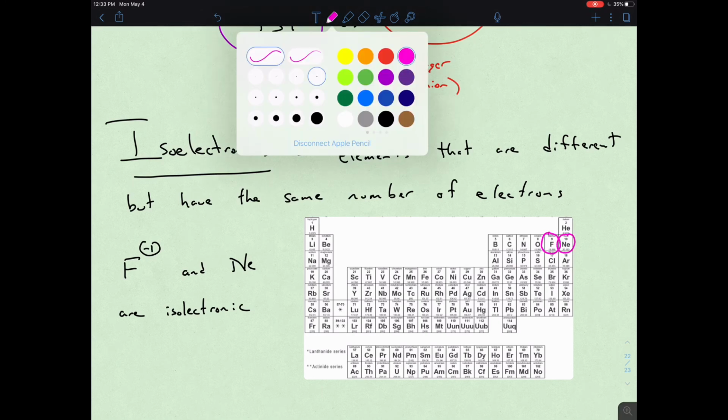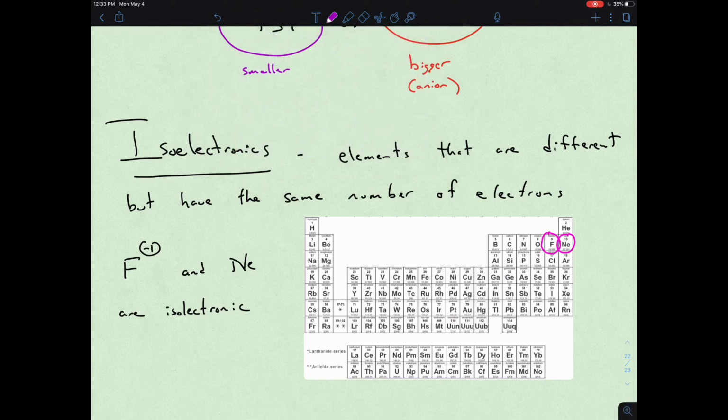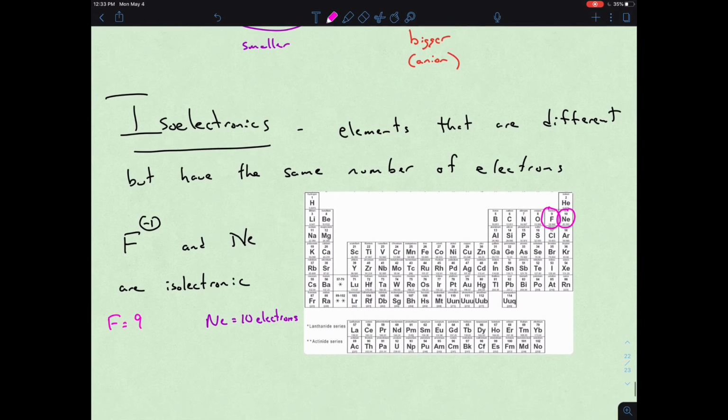If we look at neon, right, neon has 10 electrons. If we look at fluorine, well, it has 9 electrons. Plus 1 electron because it's negative.